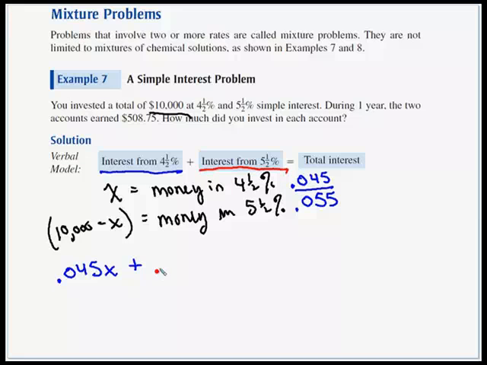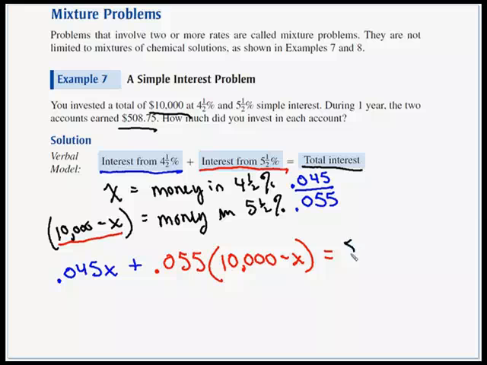So that's going to be 0.055 times the quantity. Here's how much we put into that account, 10,000 minus x. 10 grand minus x. And that is equal to the total interest. And that was given in the setup of the problem, $508.75.